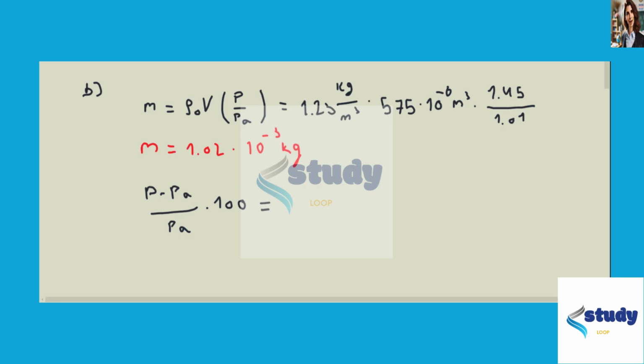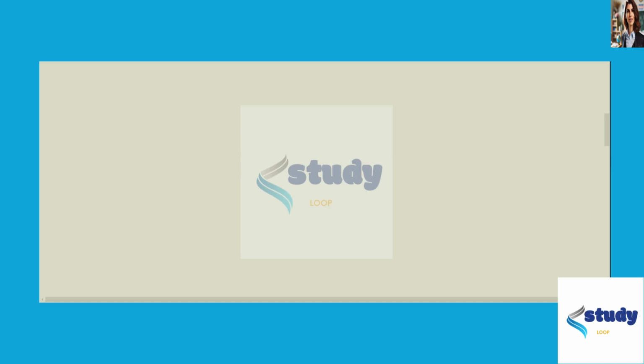So when we substitute the values, this is equal to 1.45 minus 1.01 over 1.01. The part where we multiply this by 10 to the 5th power pascals will cancel out. So we are using only these numerical values, and this times 100 equals 245%. So this is the solution to part B of the problem.